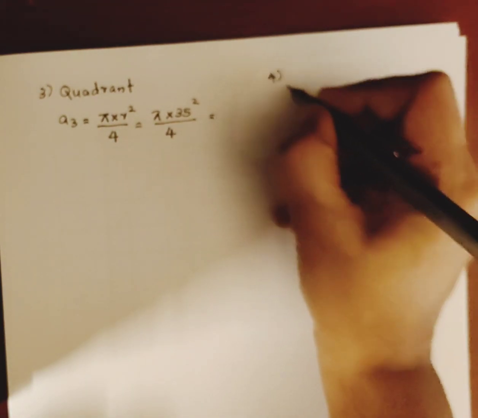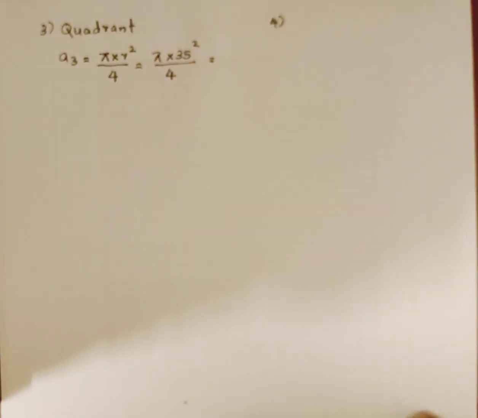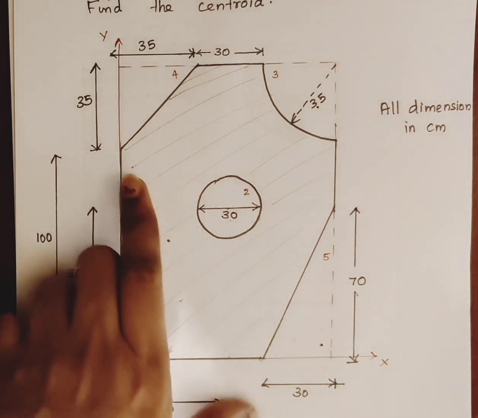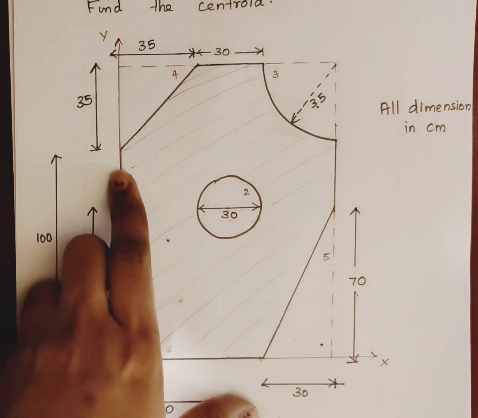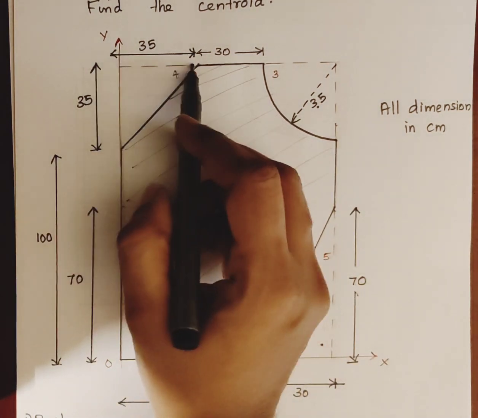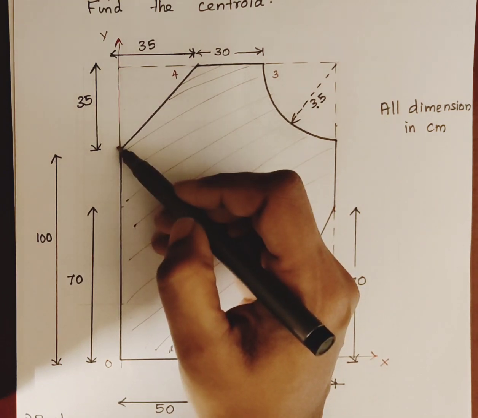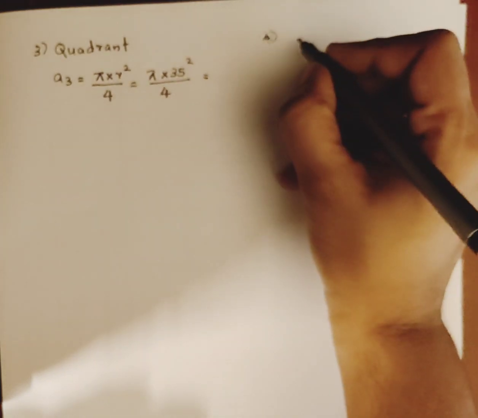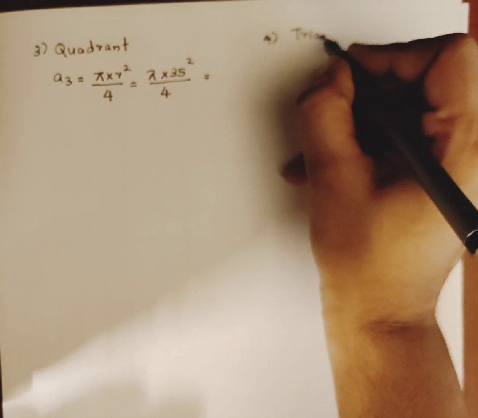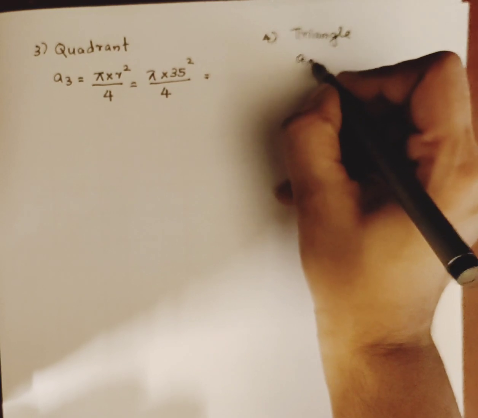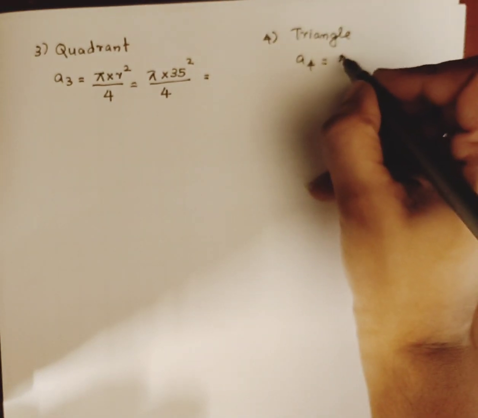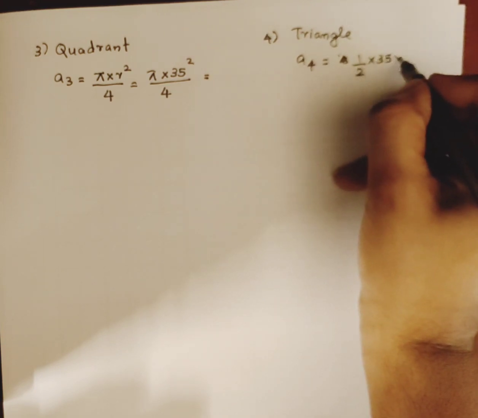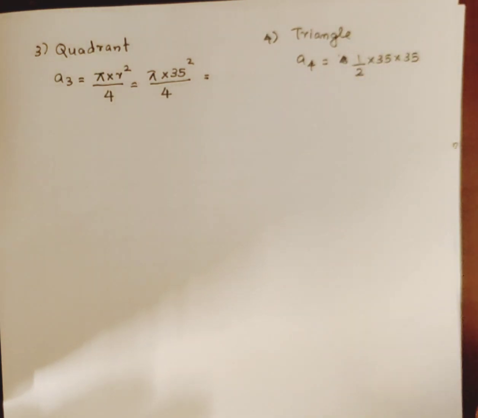So the fourth figure is this triangle. Here the width of the triangle is 35 and the depth is 35. So the area A4 is equal to half into base width 35 into depth, again 35.